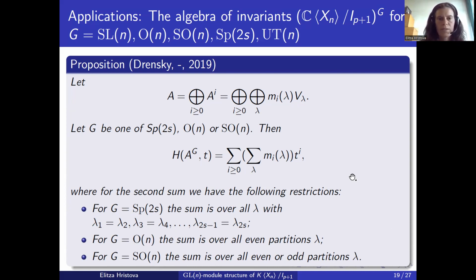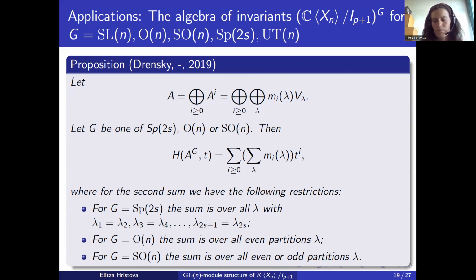Okay, and based on these results, now we are going to use them for A being our relatively free algebra K⟨Xn⟩ modulo the ideal generated by long commutators. There, we don't know the exact decomposition, but we have found a bound on the values of lambda, and in this way, we can use this bound to find an expression for the Hilbert series up to some polynomial in the numerator.